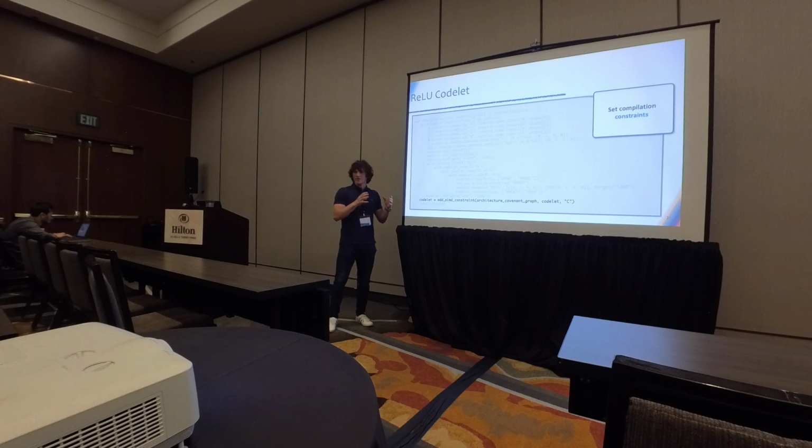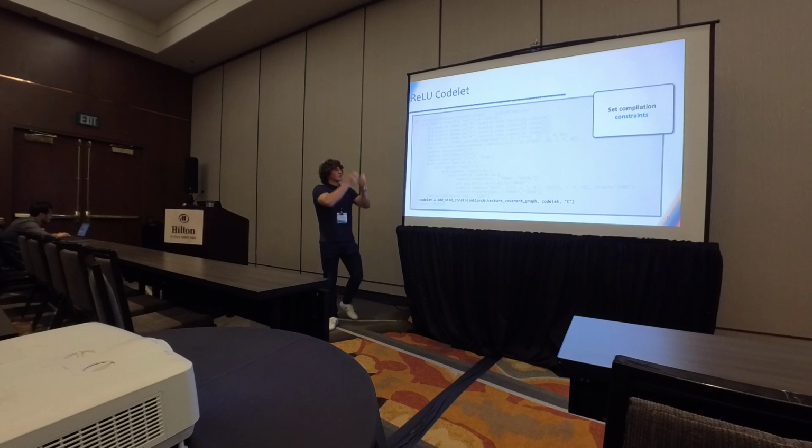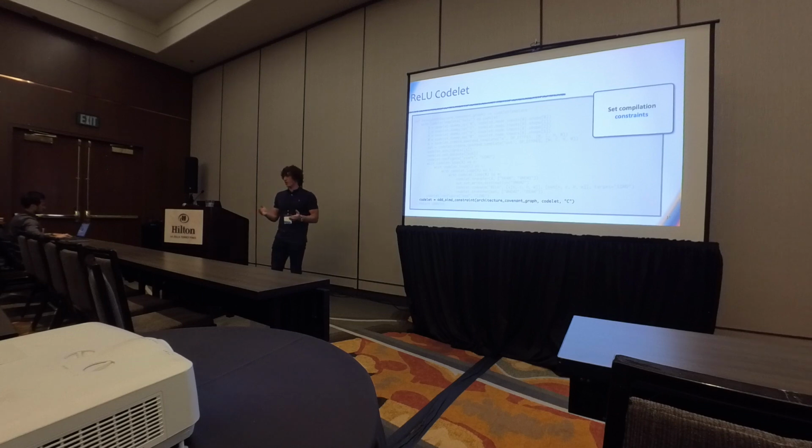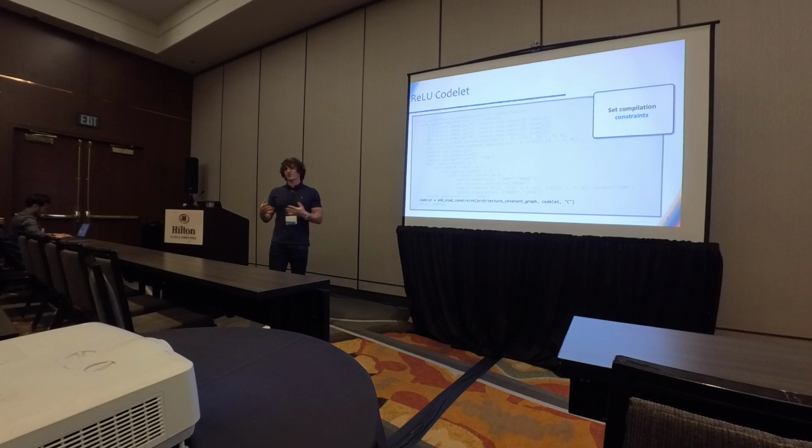If we were to tile the channel dimension, we would split it into 2 segments and reduce over both of them, and we would have to add those 2 together, right? That's a separate step. So if our codelet says we don't load the partial sum at all, we just do the reduction and then store it back, we would have to add a constraint that you can't tile the channel dimension.